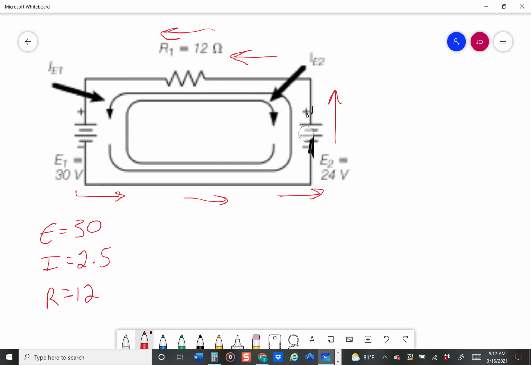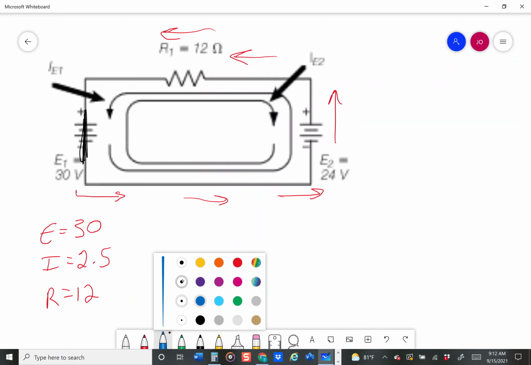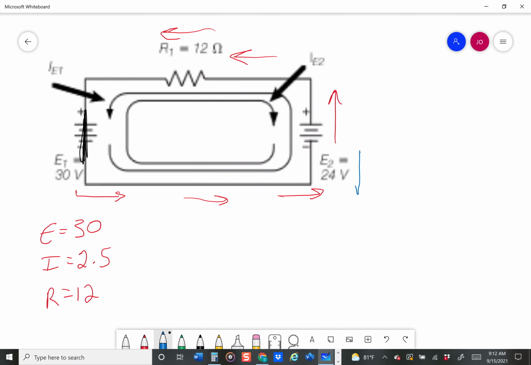All right, now we're going to put voltage source 2 back in the equation. And we're going to act like voltage source 1 doesn't exist. And my current flow because of voltage source 2, negative to positive, is going to now go this way.